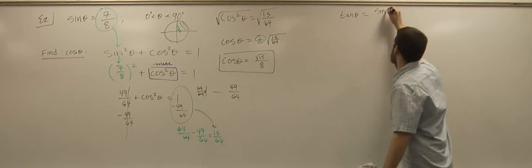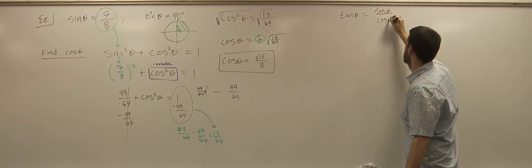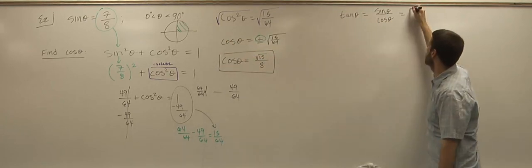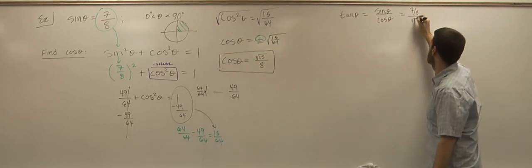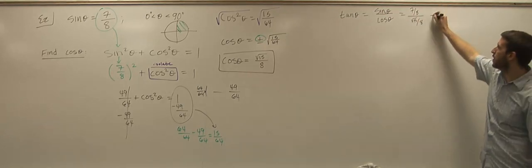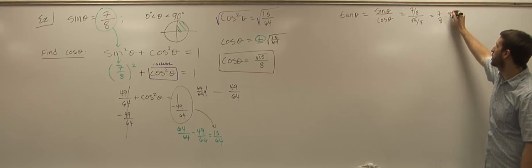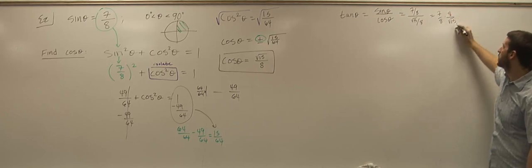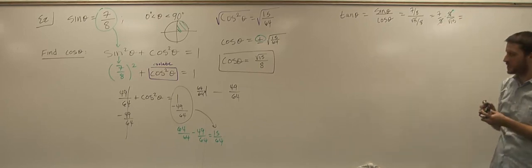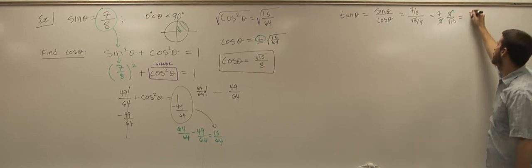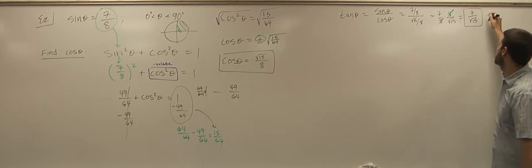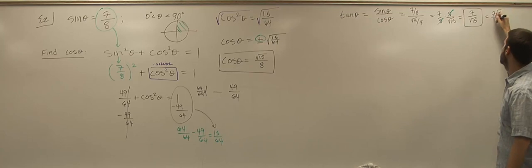So tangent is sine over cosine, which is 7/8 over root 15 over 8. Flip and multiply. Eights cancel. 7 over root 15, which you can rationalize. 7 root 15.